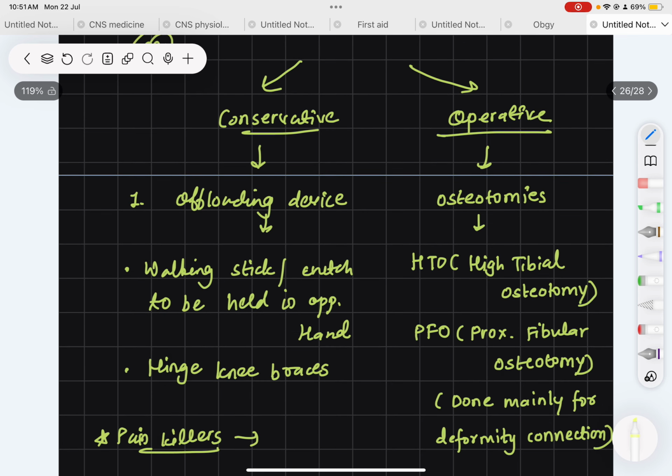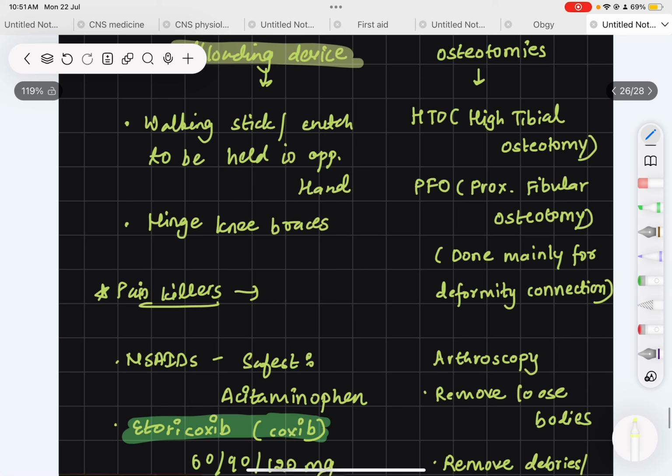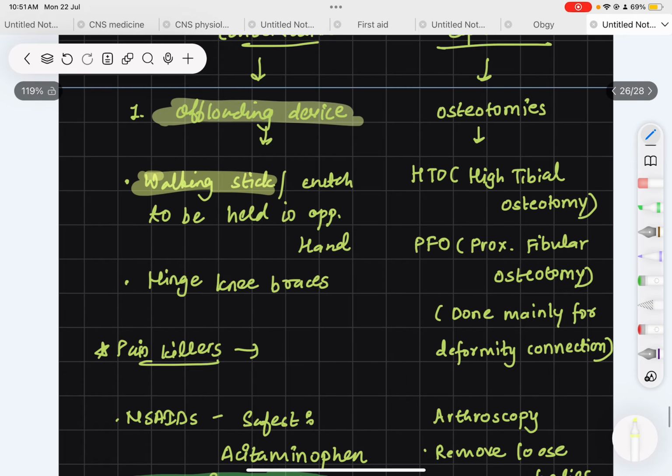And how are you going to manage the condition? First we have to do symptomatic management. In the conservative approach, we use an offloading device, meaning we are going to slow the progress of the disease by reducing the work of the joint, so that more damage won't happen. First we are going to offload the weight in the degenerative joint.